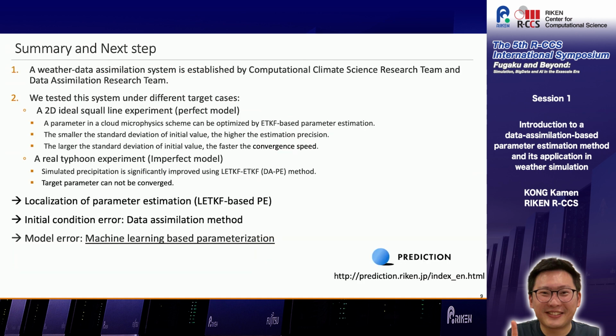And I would like to summarize this presentation. Our weather data assimilation system was developed by our team, and we tested this system under different target cases. One is the perfect model ideal case, and the other one is the real imperfect model case.